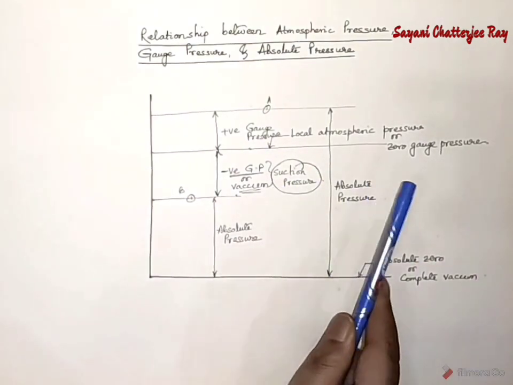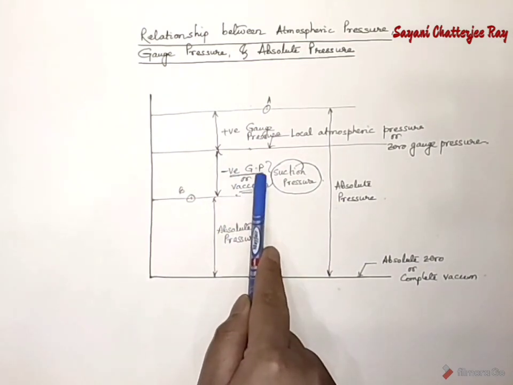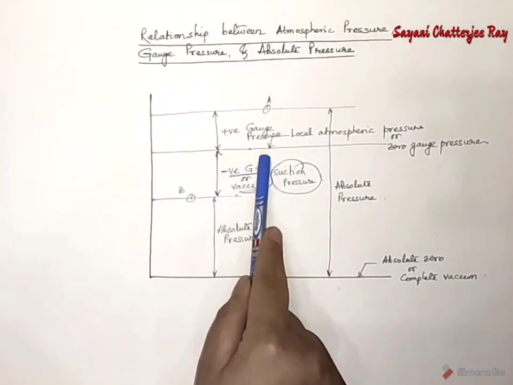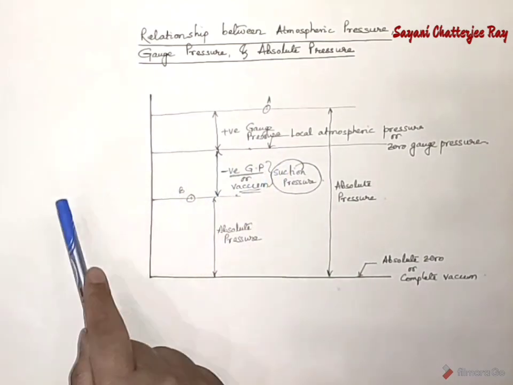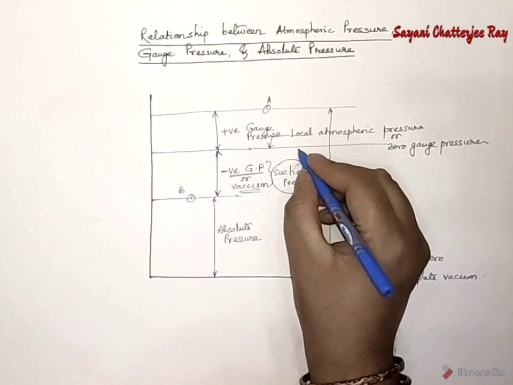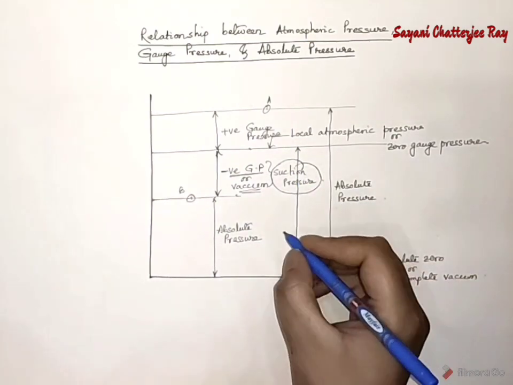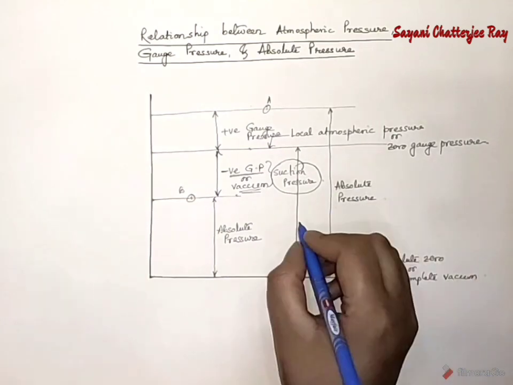Now the local barometric pressure will be absolute pressure minus gauge pressure, and that minus gauge pressure is nothing but the negative gauge pressure or the suction pressure or vacuum. So where will it be? It will be here. In this portion it will be the local barometric pressure.